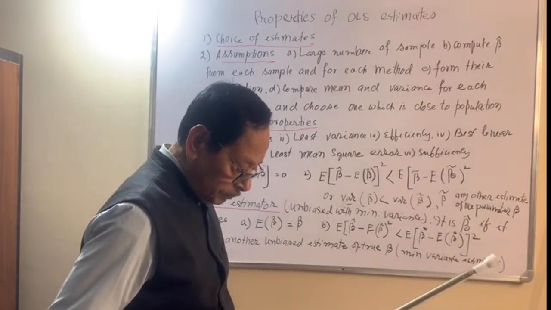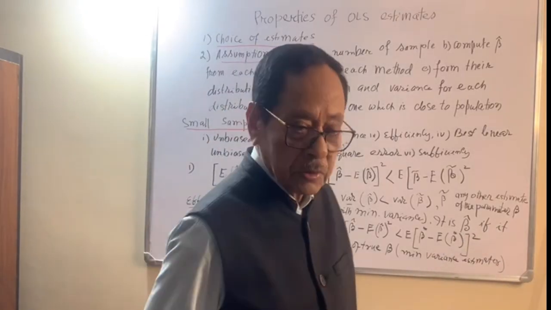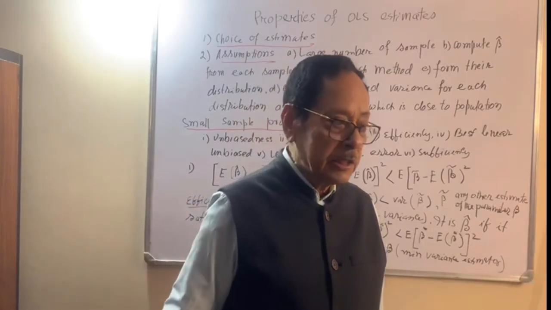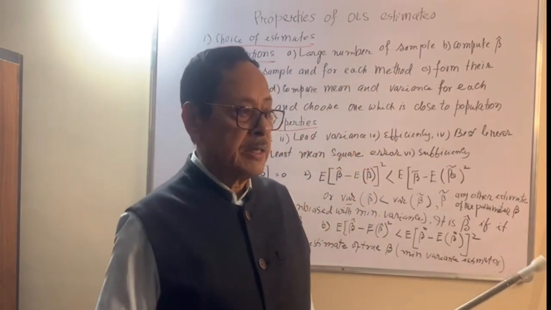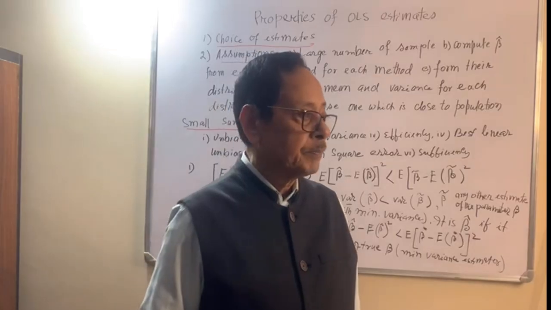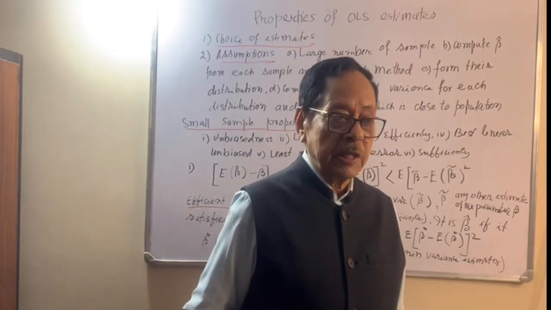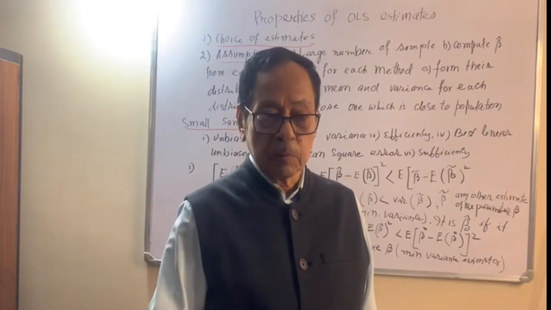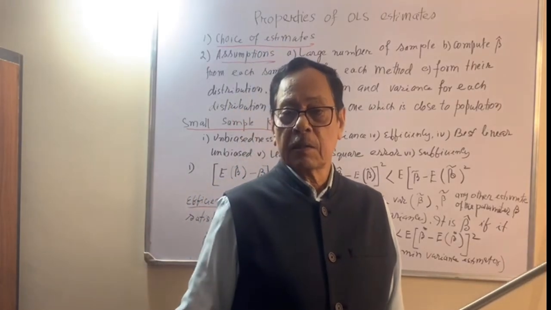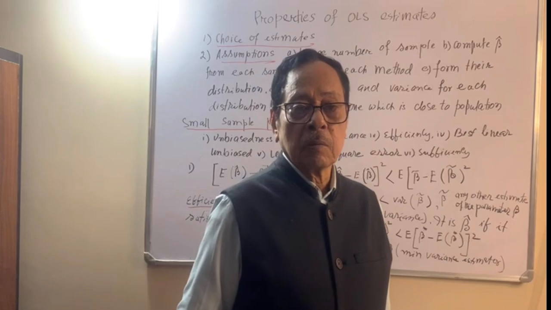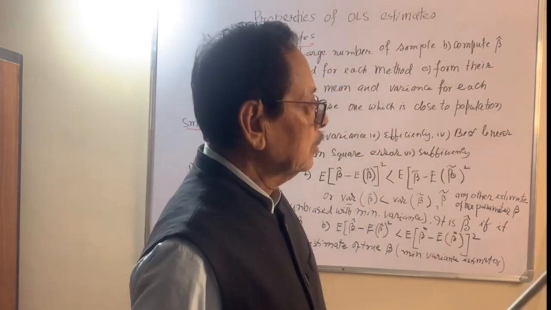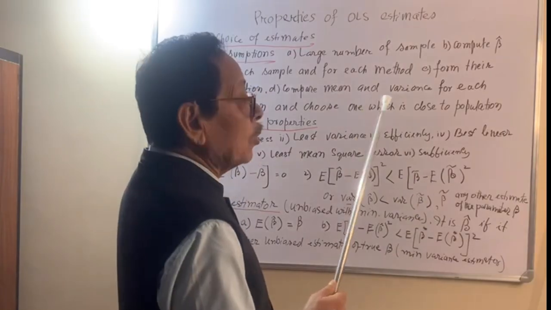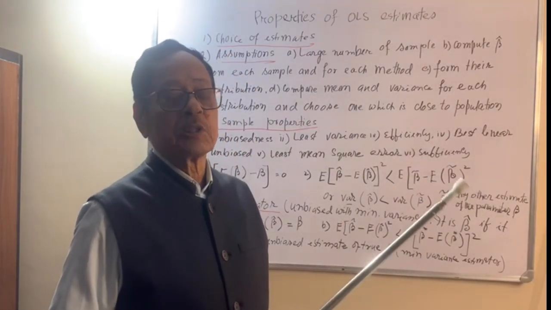Suppose the population is very large; due to paucity of money and time, it is not possible to take the whole population as a sample. So we'll have to select some samples within the population, and the estimates of the sample should be close to the population parameters.